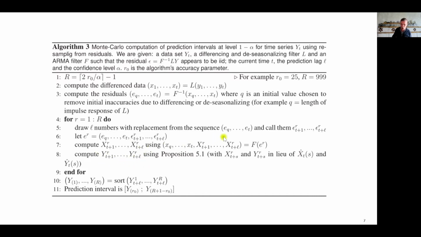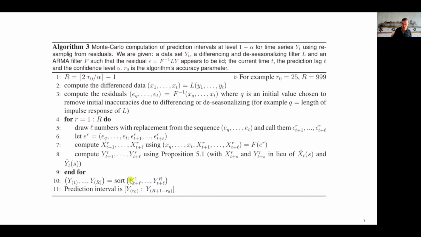Because the filters are causal, my residual time sequence always, for all the simulations I'm doing, has the same values from the past up to time T. Therefore, all the X and Y will have the same property. So I am truly generating possible trajectories of the future in the X space, and what is really interesting, in the Y space here.